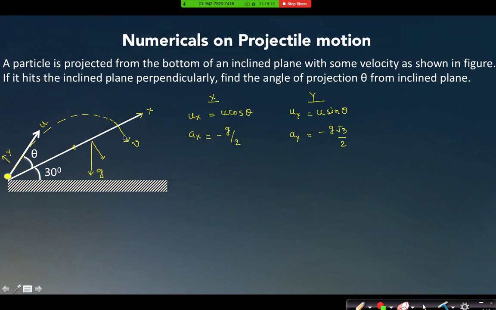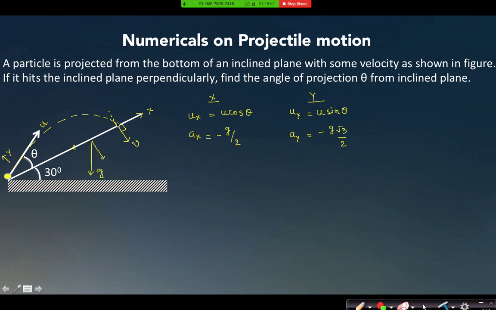Now if I say that the velocity is perpendicular to x-axis, which component of the velocity is actually 0? The x component. So if x component of the velocity is 0, only y component of the velocity remains there.